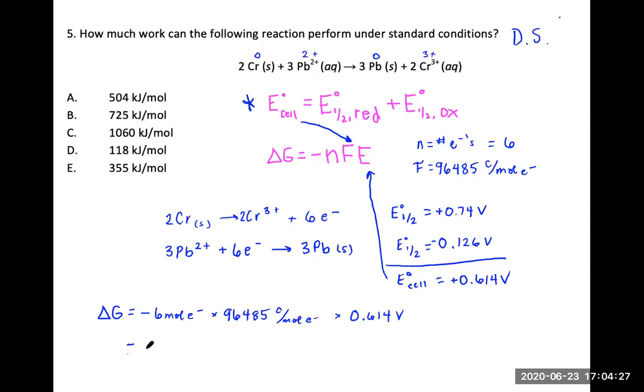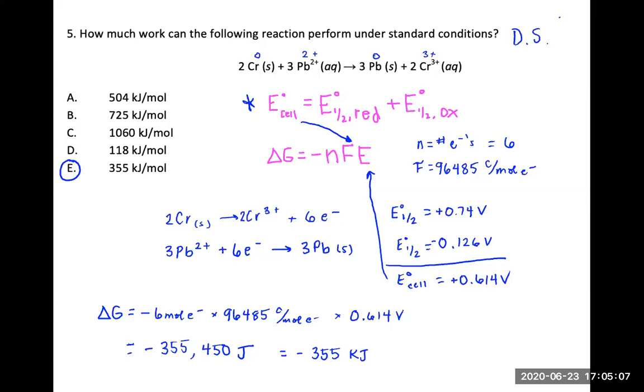What I end up getting is negative 355,450. And of course, we're not just going to leave this like that, right? We need to know what units we have. It turns out here we have joules. So we can simplify this and say our delta G is going to be negative 355-ish kilojoules. They're asking how much work this can do, so we'll just say it can do 355 kilojoules.